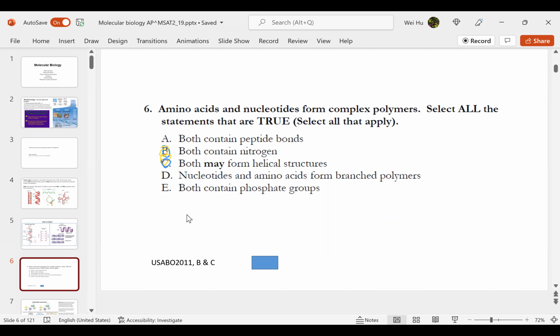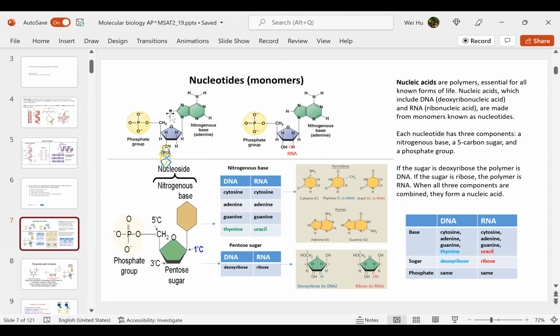Another thing we talked about is the elements that make up DNA: nitrogen, so you have N, O, C, H. You also have phosphate, right? So that's the nucleotide. How about protein?